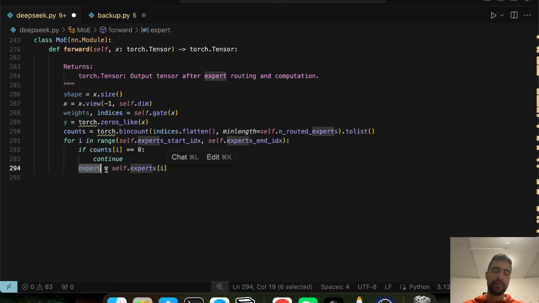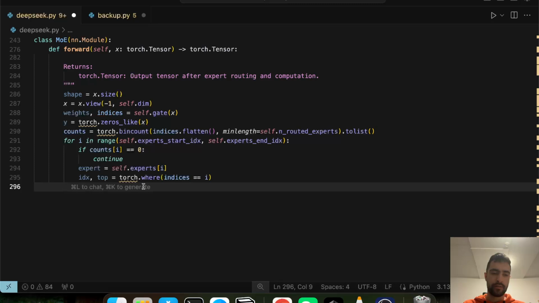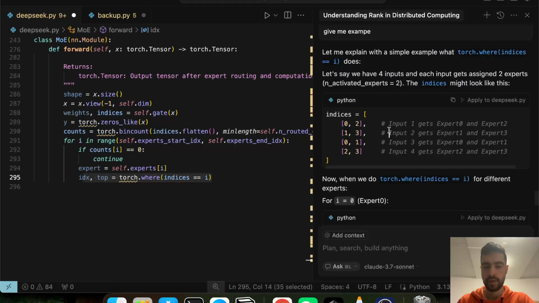And then if the expert has been selected, we will get this expert model by the index. So let's say we have this kind of tensor. Input 1 gets experts 0 and 2. So this is token 1, the vector embedding 1. Vector embedding 2 gets experts 1 and 3.